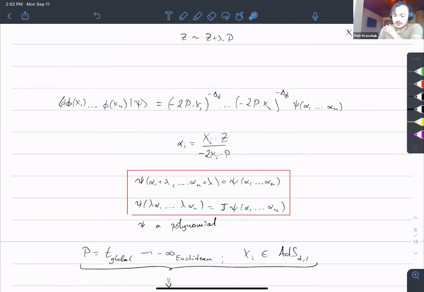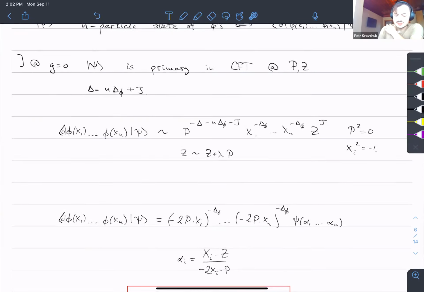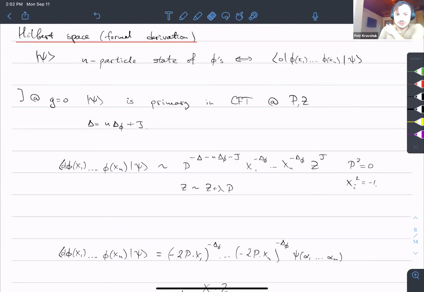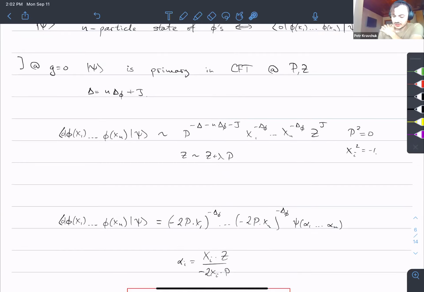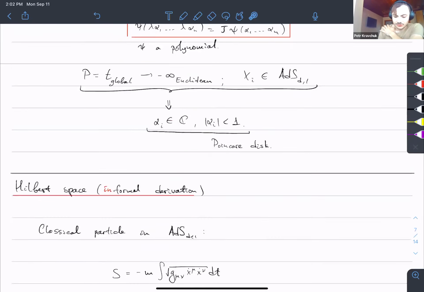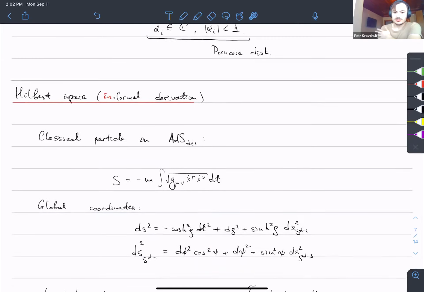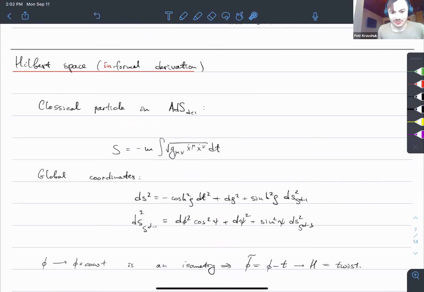And what I want to highlight is that this is really a formal derivation, but it's rigorous. There are no holes there. And then I can give an informal derivation, which is completely not rigorous, but gives a bit more physical intuition. So let's consider first one particle in AdS, a classical particle.